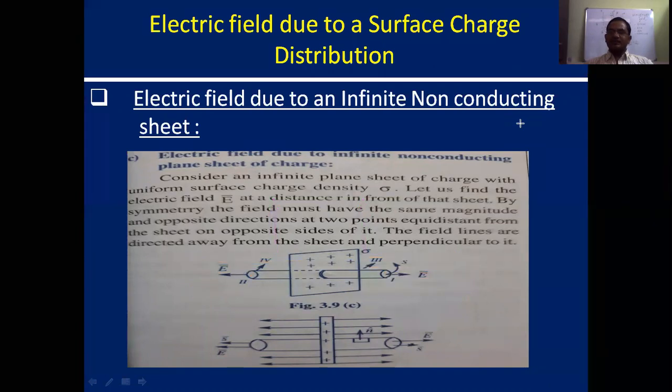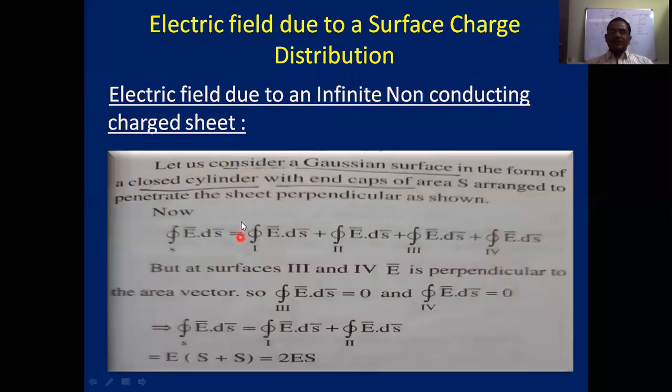Now from that we are writing the total flux through the entire cylindrical surface equal to flux through region 1, flux through region 2, flux through region 3, electric flux through region 4. As we discussed, the surface integral E bar dot ds bar over region 3 and over region 4, these are the curved surface regions. Their E bar and ds bar are perpendicular.